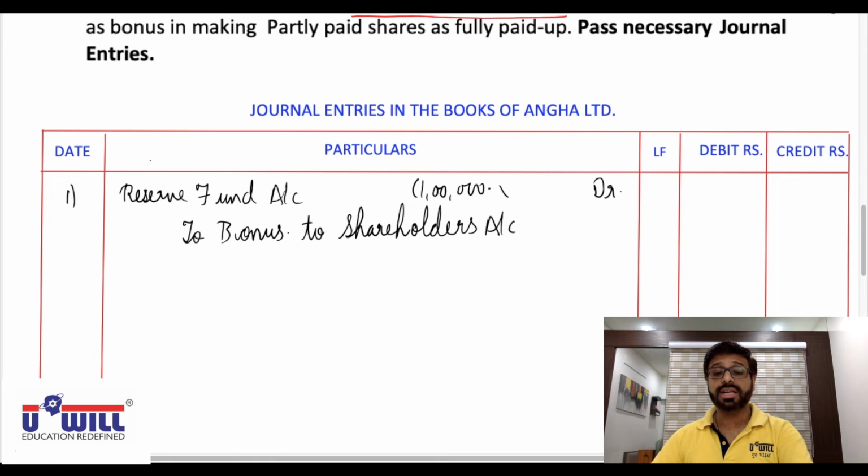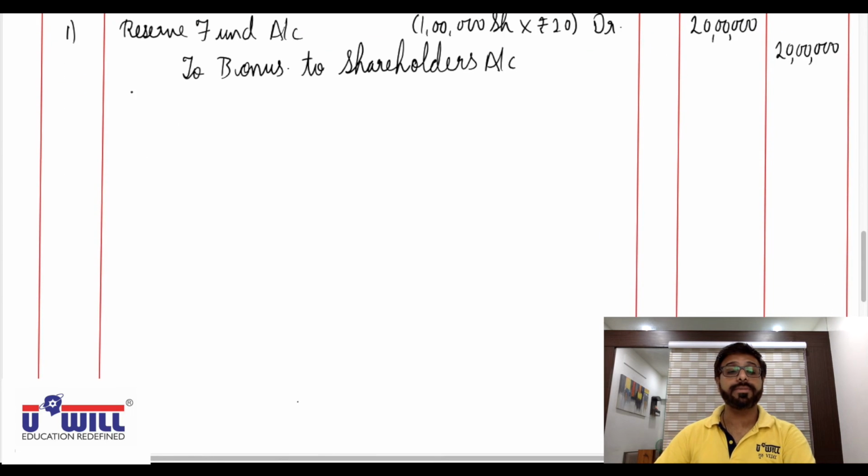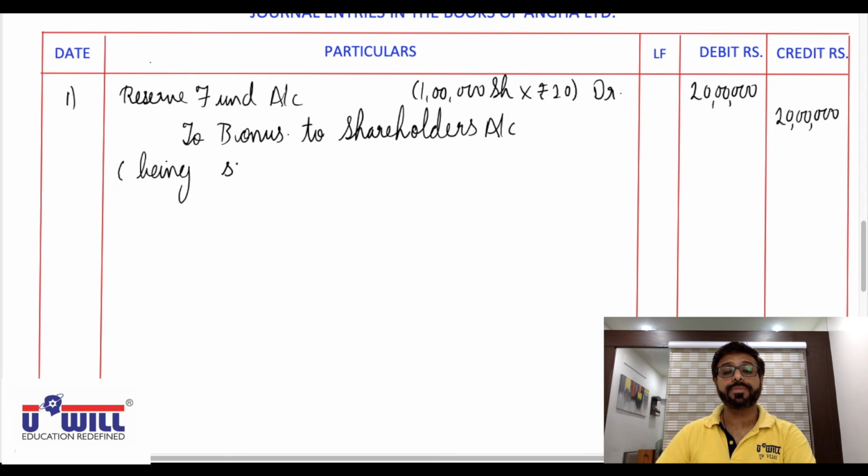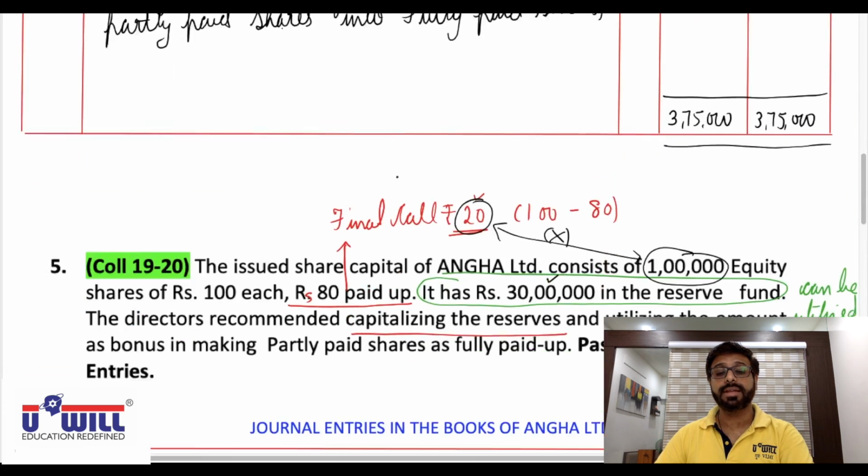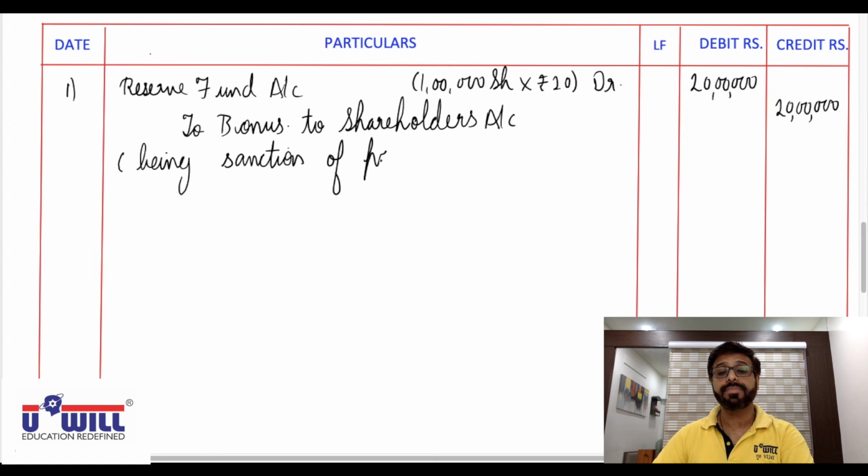So 1 lakh shares into 20 rupees of final call, that is 20 lakhs. Being sanction of partly paid bonus. Okay, the narration will remain same. Being sanction of partly paid bonus.